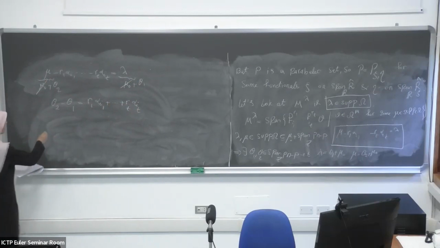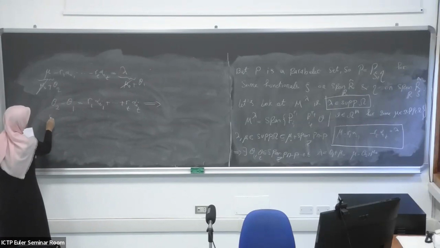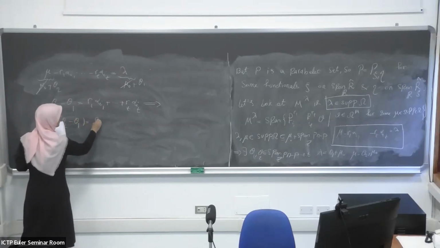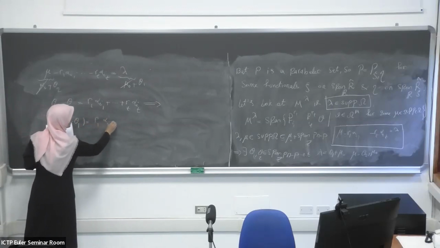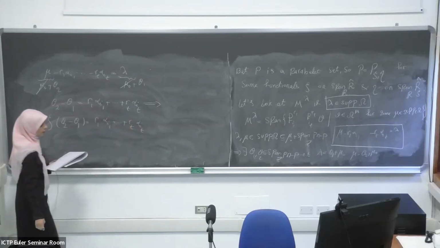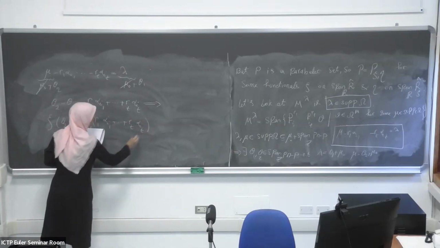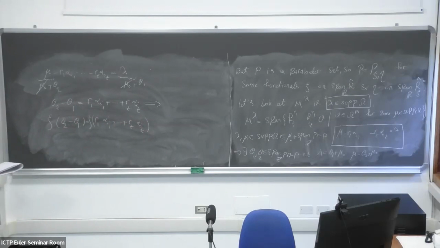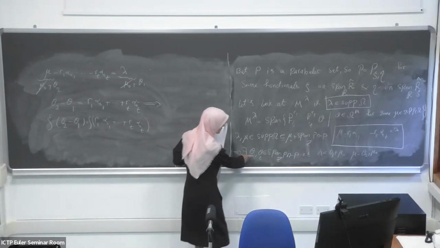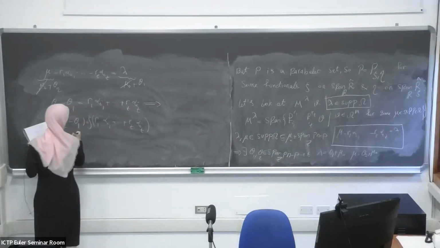And then theta 2 minus theta 1 is R1 alpha I1 plus RT alpha IT. Theta 1 and theta 2 are elements of this part, so zeta is 0 over this one.